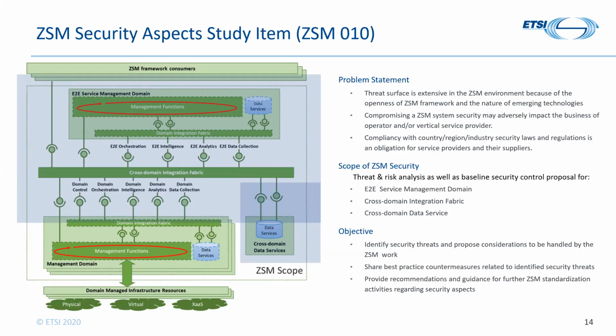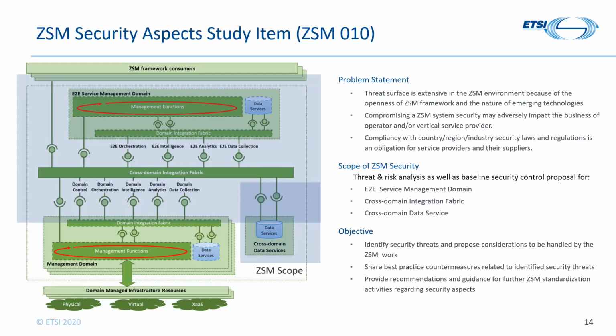That compromising a ZSM system security may adversely impact the operator network and the vertical service provider, and that the compliancy with local, regional, and industry security laws and regulation is an obligation for service provider and their suppliers. The scope of ZSM security includes the end-to-end service management domain, the cross-domain integration fabric, and the cross-domain data service.